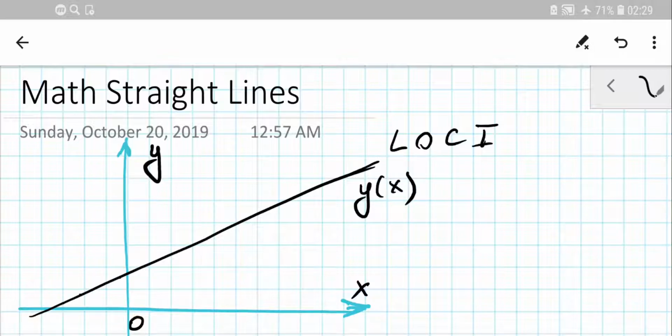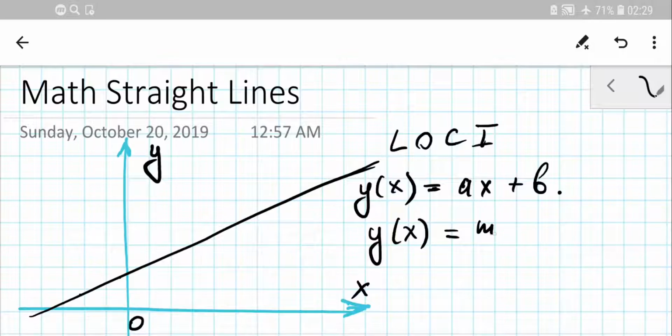Because this is just a visual presentation of the function, we need to say that the function should have the linear form ax plus b, for example. So that's a general linear dependency. But normally for GCSE purposes, many books explain it as mx plus c. It doesn't matter which letters you use for the coefficients, m and c, or a and b.